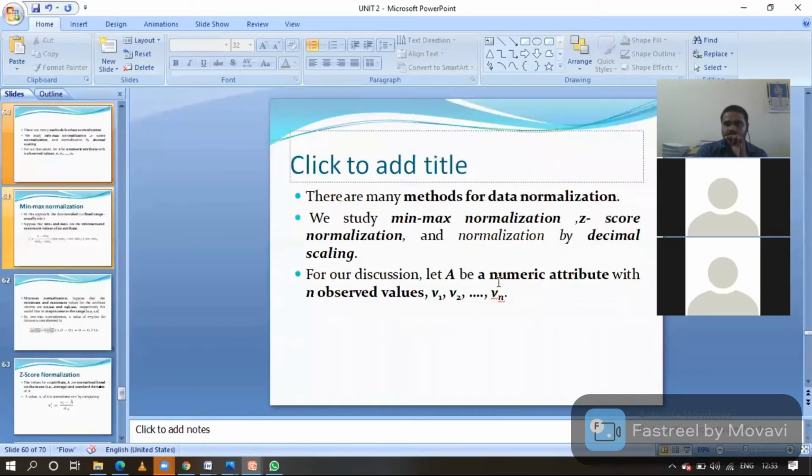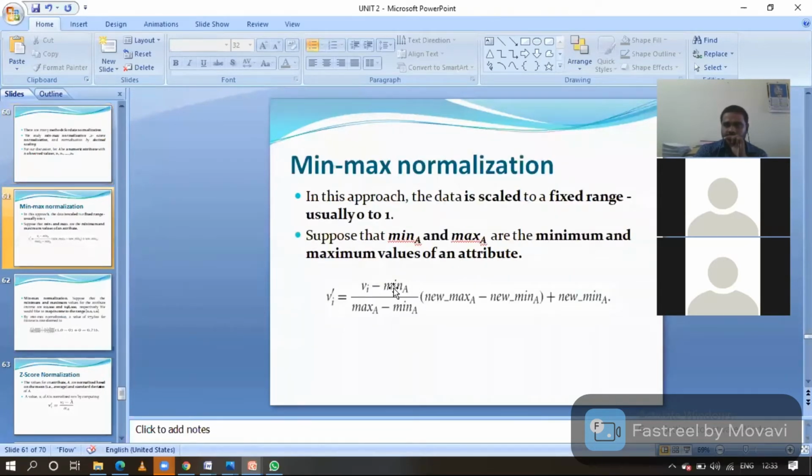Previously I told you, v1 to vn are the attribute values. The maximum value is represented with max a, and the minimum value with min a. I want to convert those values to another range, from new min to new max.